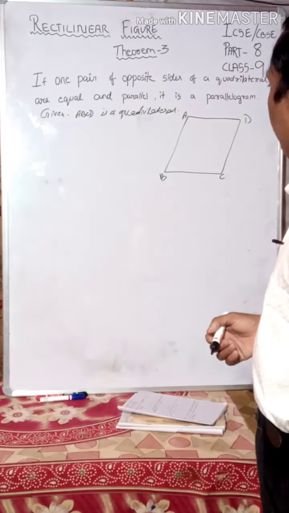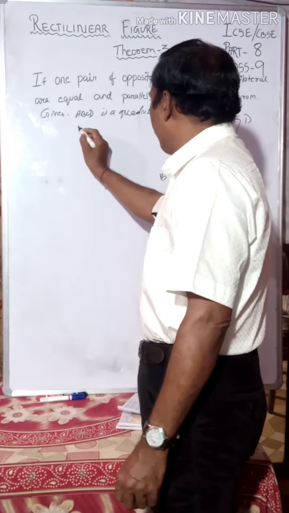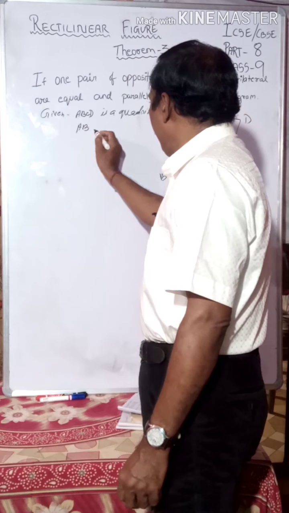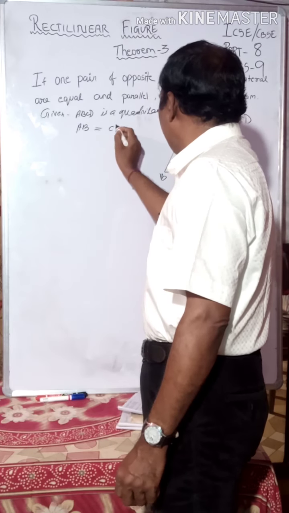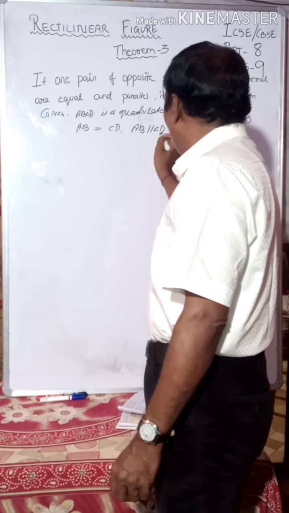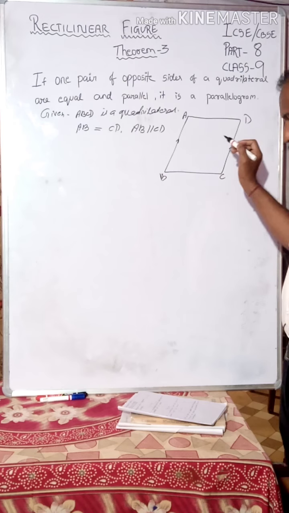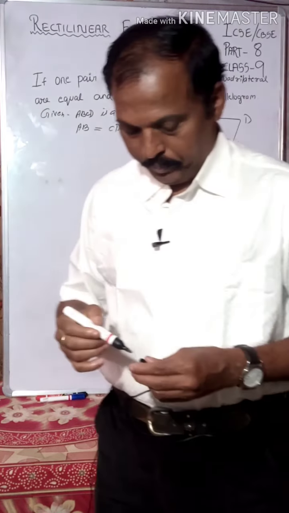Take one pair of opposite sides. AB is equal to CD and AB is parallel to CD. One pair of opposite sides are parallel and equal. This is the given point.